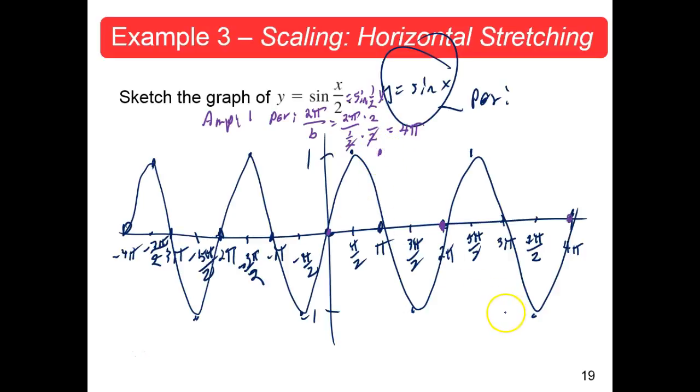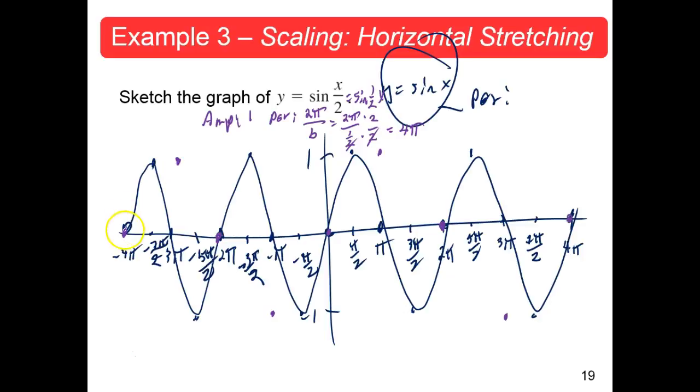Then you have a negative 1. Going the other way, you have a 0 here and at negative 4 pi. The midpoint 0 is there, and then halfway between there, you have a minus 1 down here and a plus 1. Where is it? Right there. Up here. These got sort of scrunched.